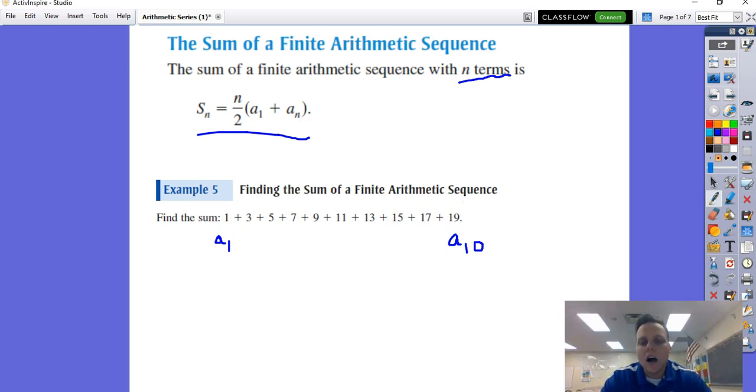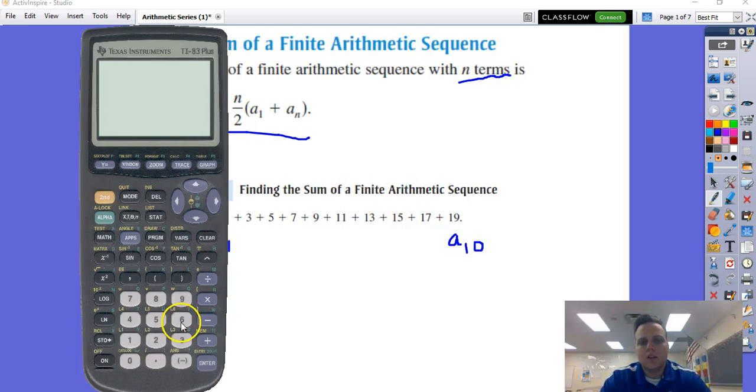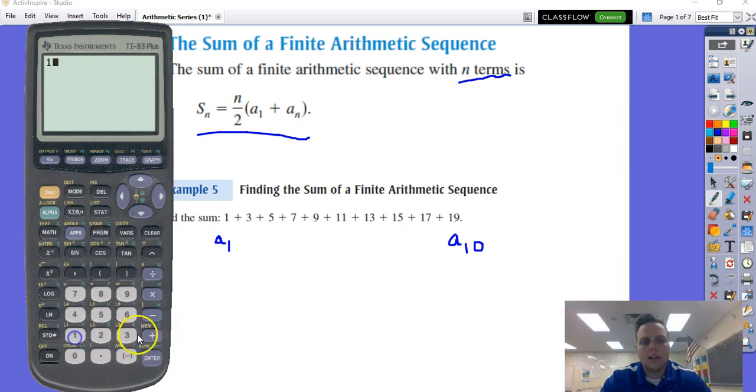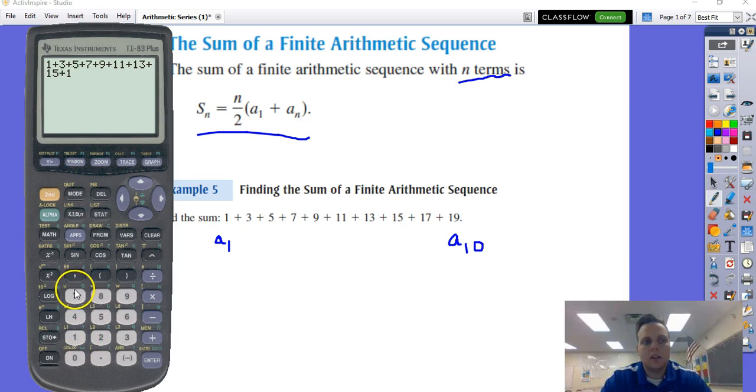Obviously, you could grab a calculator, turn it on, and do 1 plus 3 plus 5 plus 7 plus 9 plus 11 plus 13 plus 15 plus 17 plus 19, and you could get that the sum is 100.